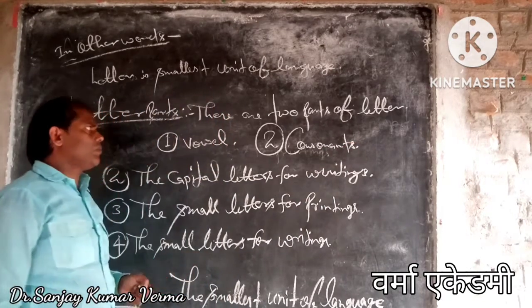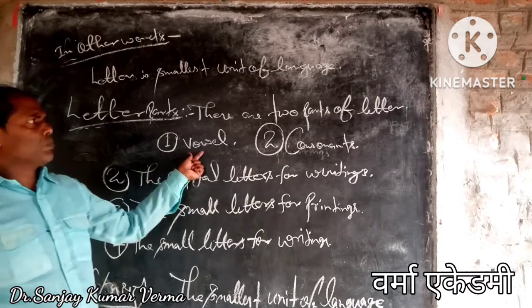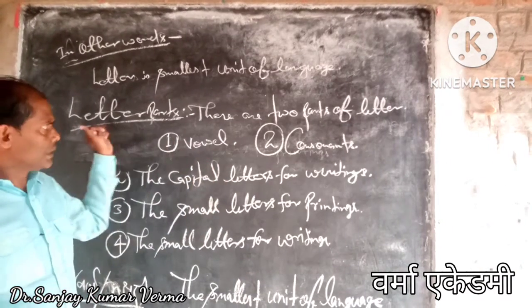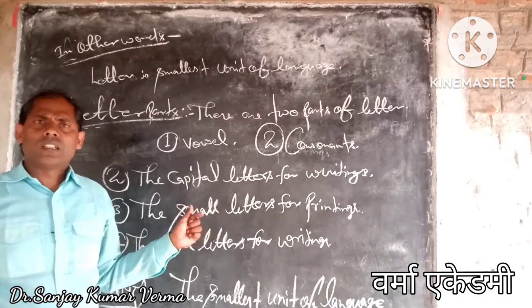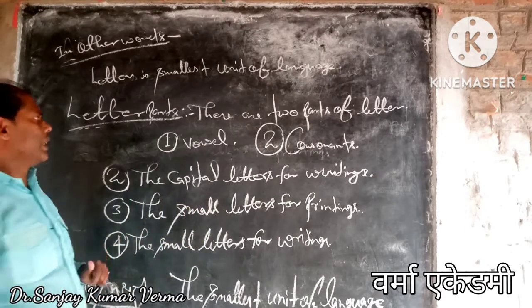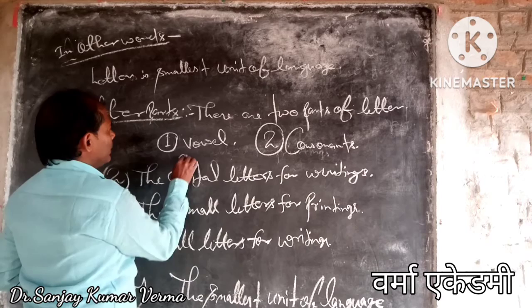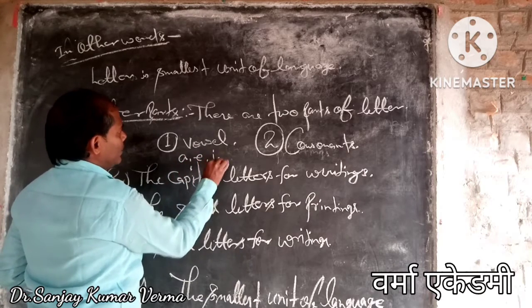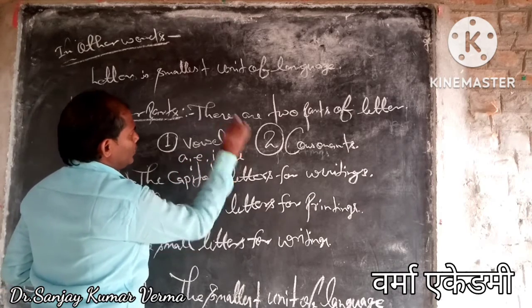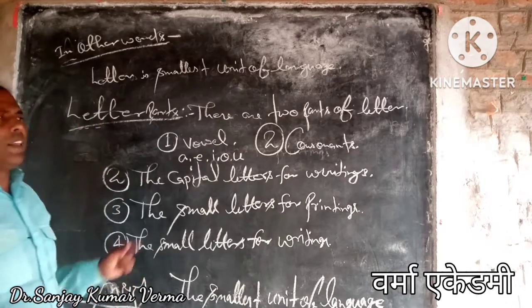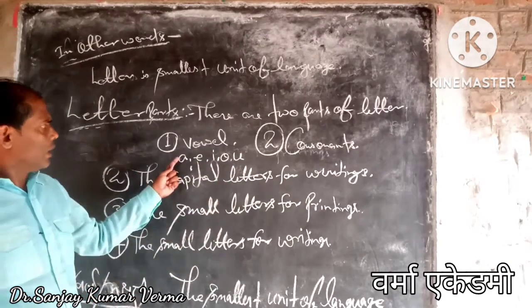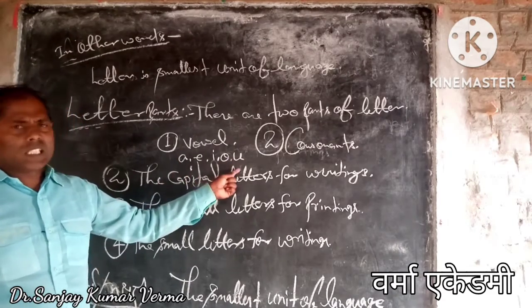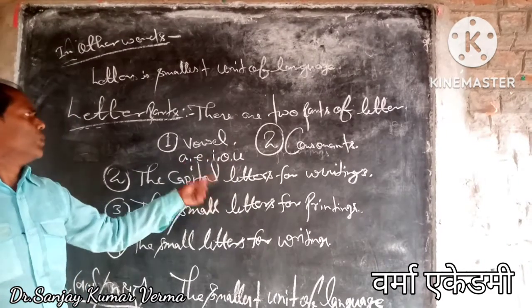Vowel is the first part of letter, in which A, E, I, O and U are used. These letters are used as vowels.